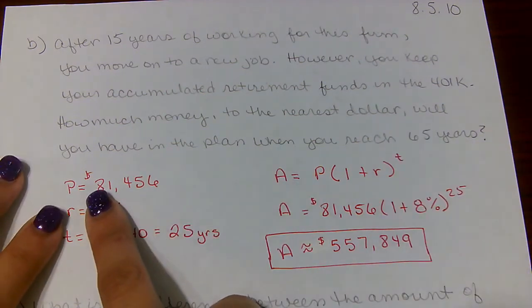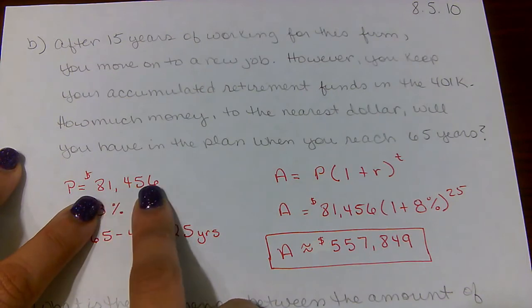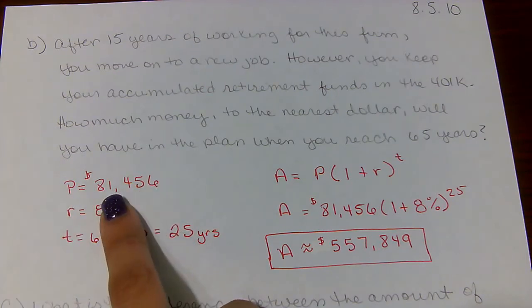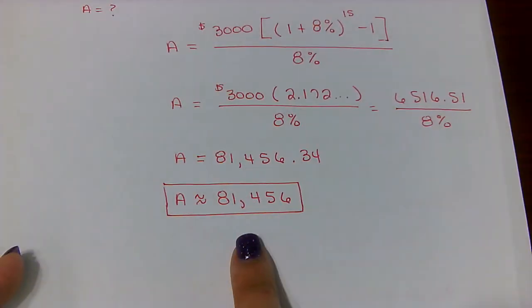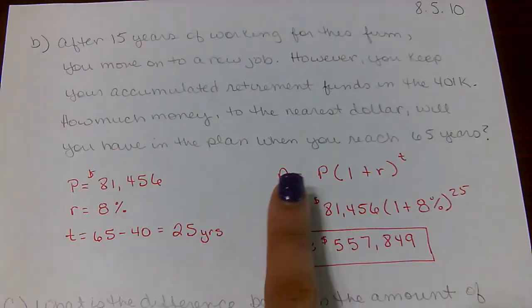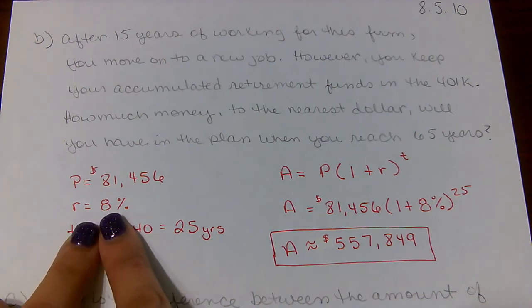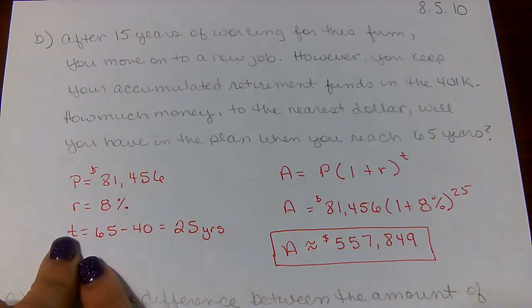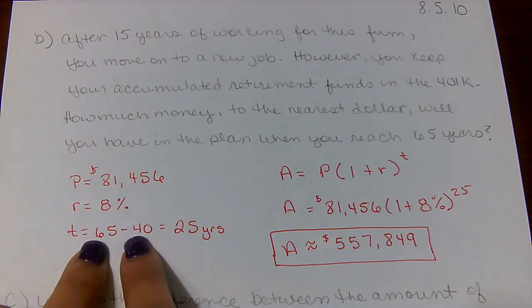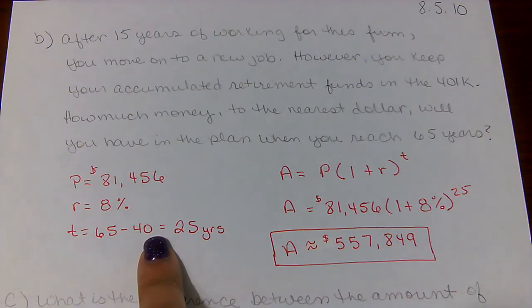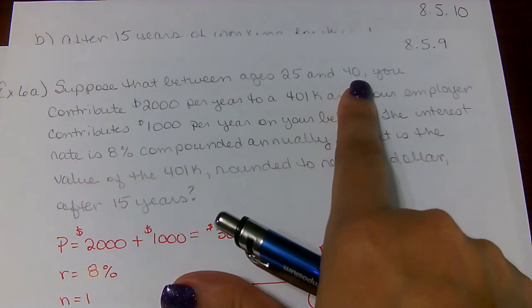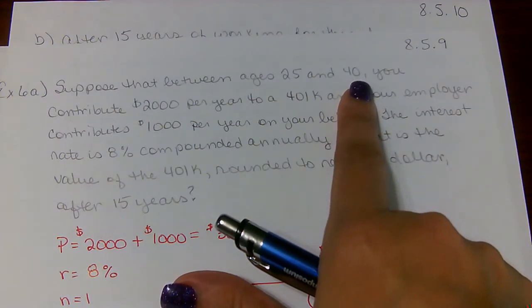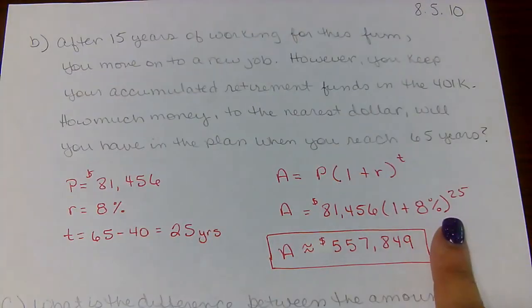So here we're going to put in our principal of $81,456. That's the value we got in part A. Our rate is still going to be 8%, and our time would be 65 minus 40, because we were working until the age of 40 at this particular firm, but you retire at 65.